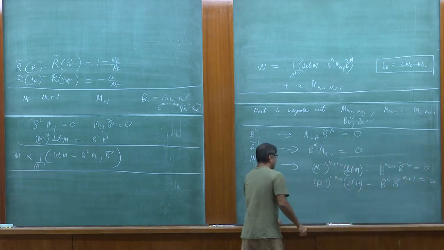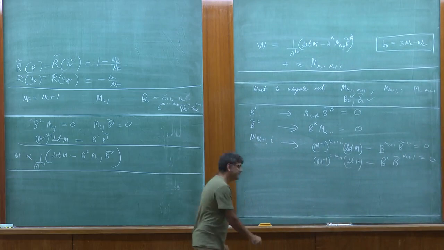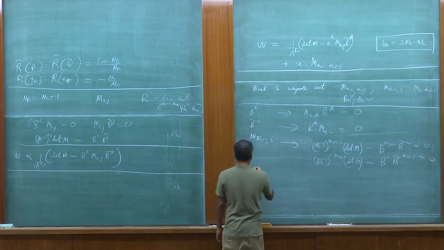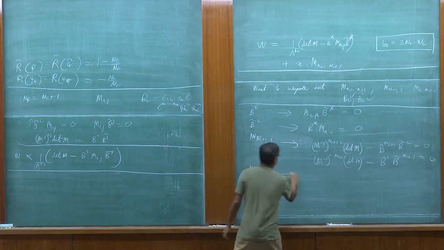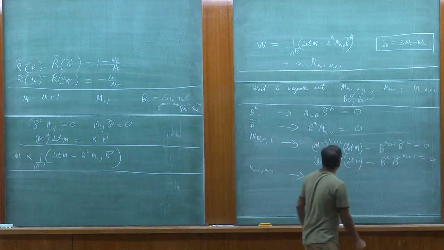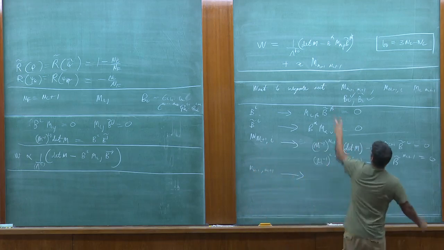Okay, and finally the most interesting of these equations, which is the one with respect to M_{Nc+1, Nc+1}. When we vary that, we get this kind of term from those guys.